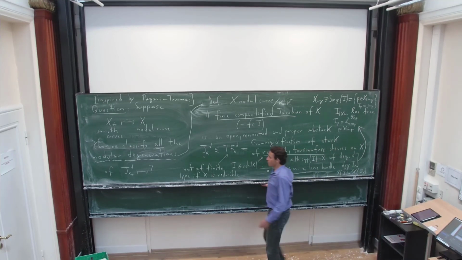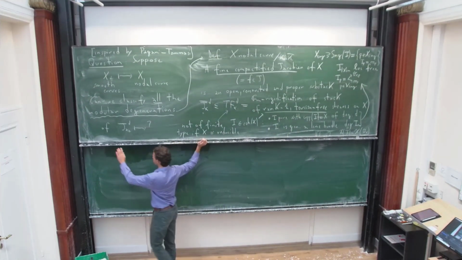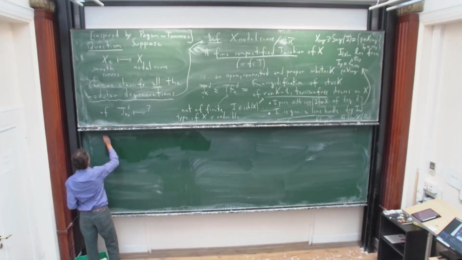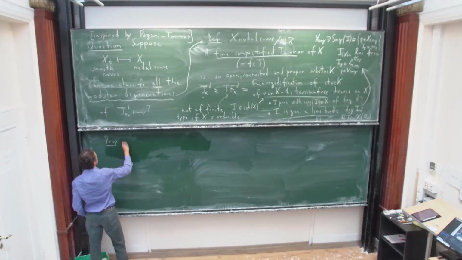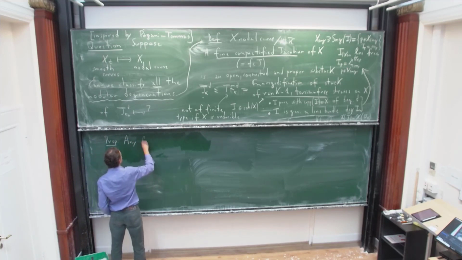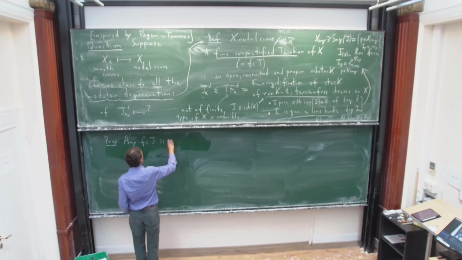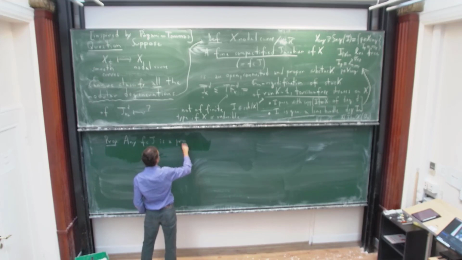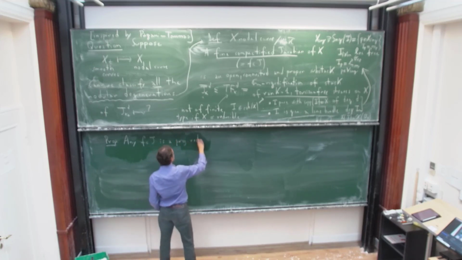Yes, by the way, for position any such object, so any fine compactified Jacobian is actually a projective reduced scheme.